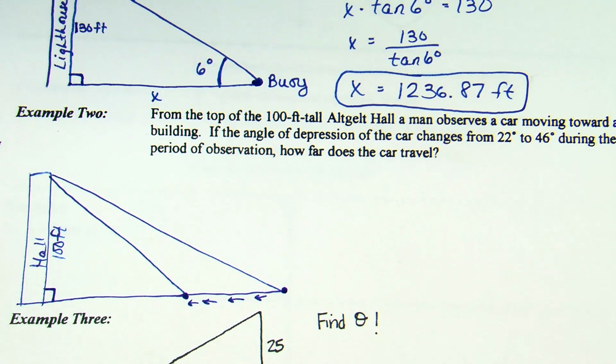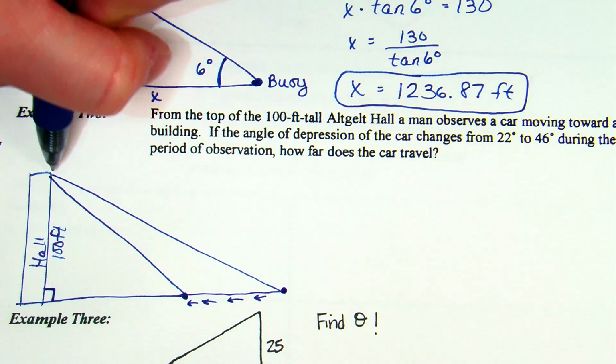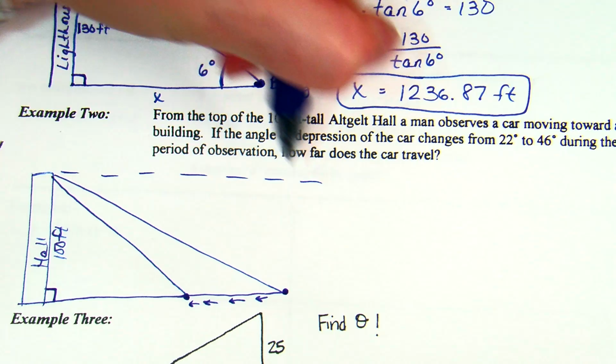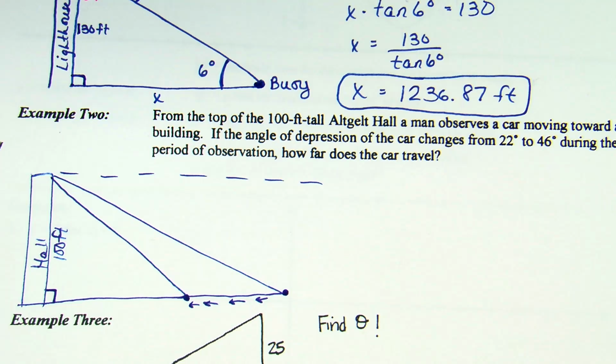From the top of the 100-foot hall, a man observes a car moving toward a building. If the angle of depression of the car changes from 22 to 46 degrees. Now, one thing I'm going to do, I'm going to draw my horizontal. Okay, so the angle of depression of the car changes from 22 to 46. So what is that 22?